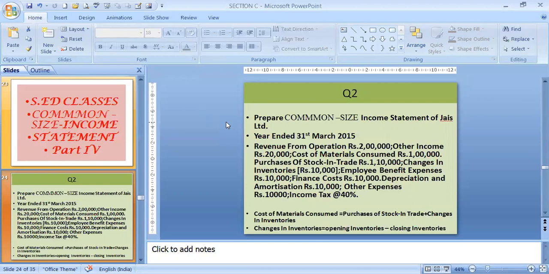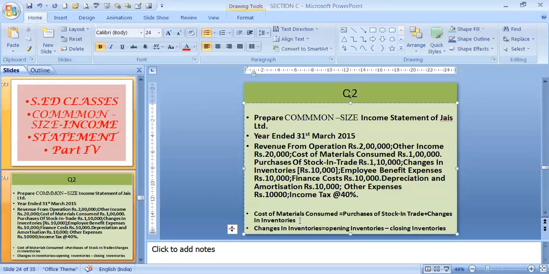Income tax is 40%. Now, before I proceed with this sum, you notice that cost of material consumed, that is cost of revenue from operation, you can say, is nothing but purchase of stock in trade plus changes in inventory plus any direct expenses.